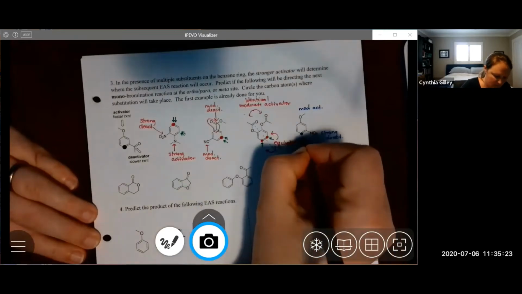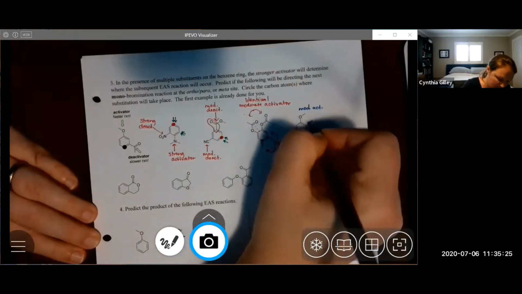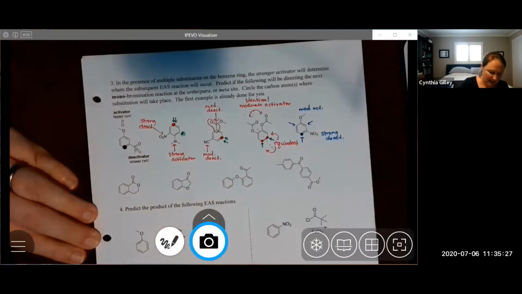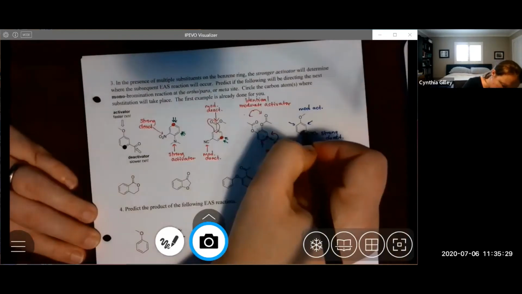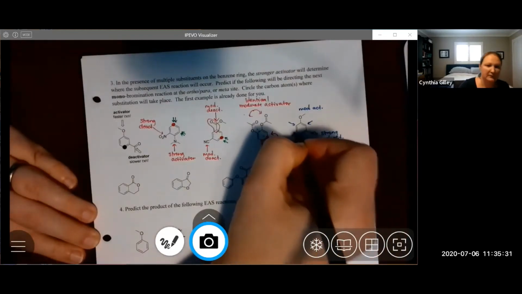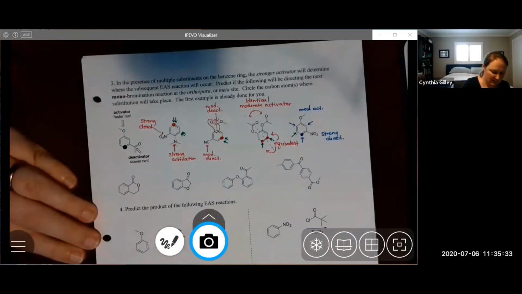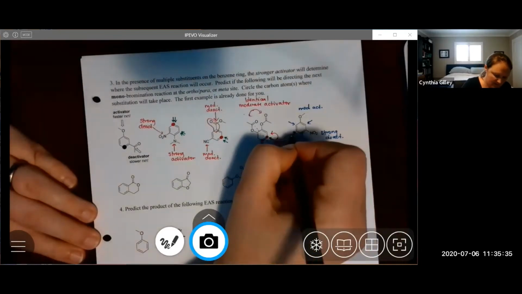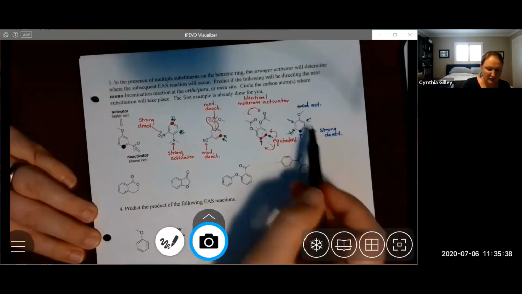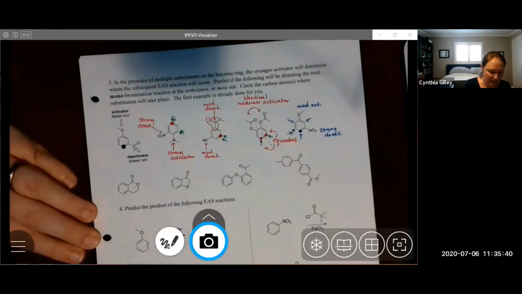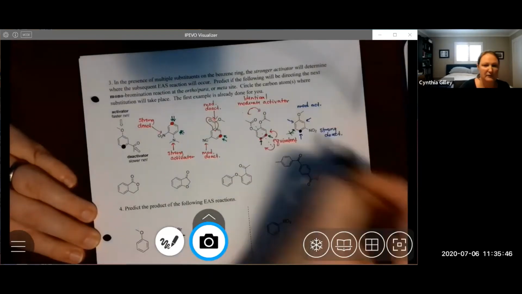This one is pointed here, here, here. And the nitro group is pointing us meta, which is that one. So this is not going to be right, because we always go with the stronger activator when they're not directing to the same position. And then typically para, ortho.